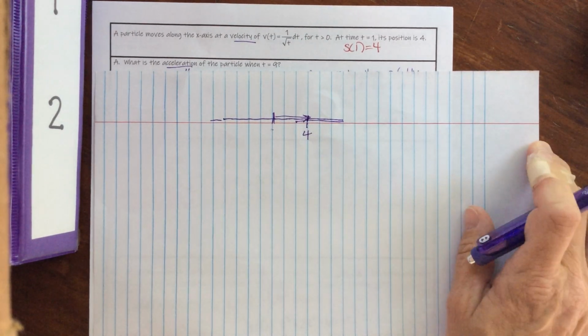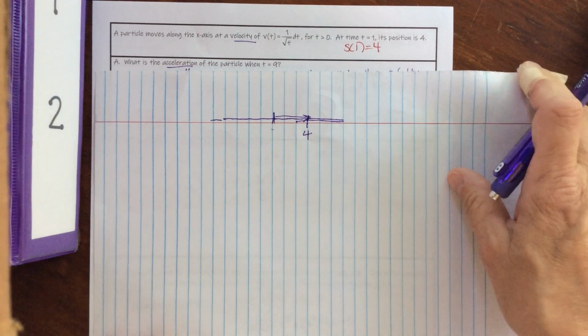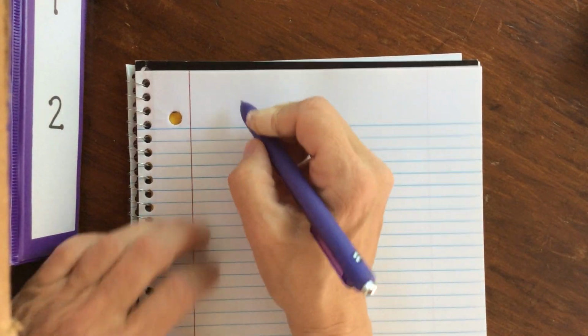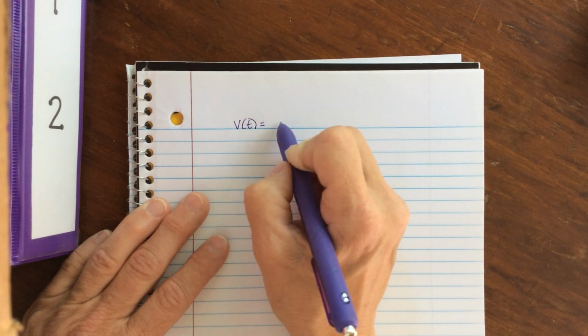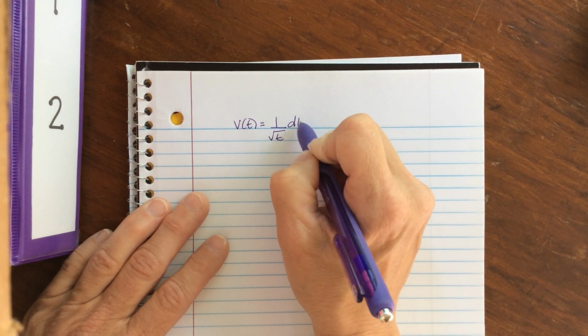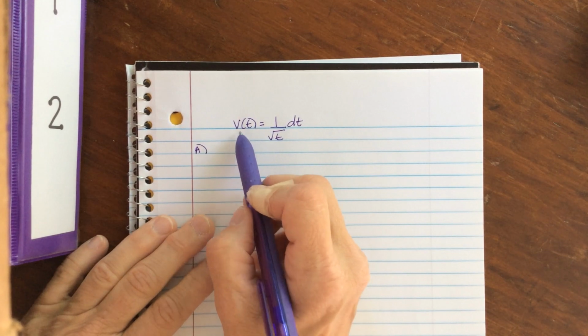You have to watch the wording: what is the acceleration of the particle when t equals 9? Okay, so I'm going to rewrite what the velocity is. V of t equals 1 over the square root of t. And part A simply wants us to find the acceleration.